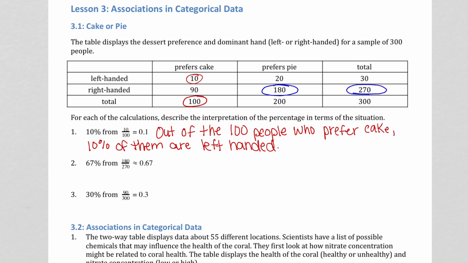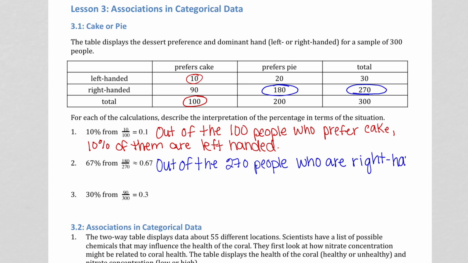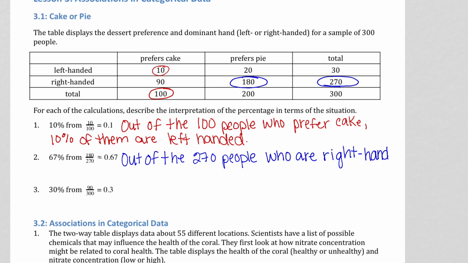So we will say out of the 270 people who are right-handed, 67% of them prefer pie.